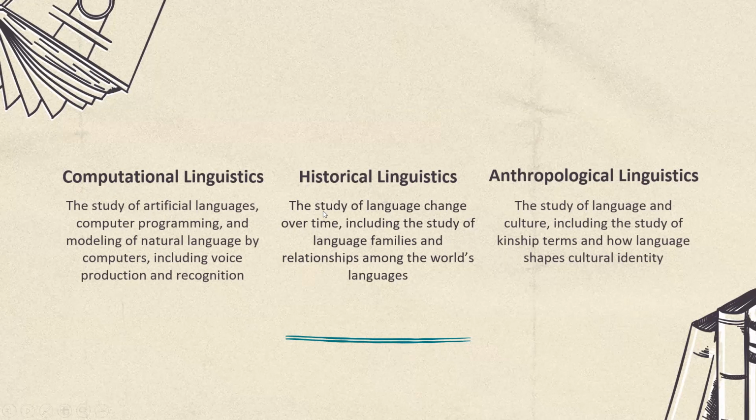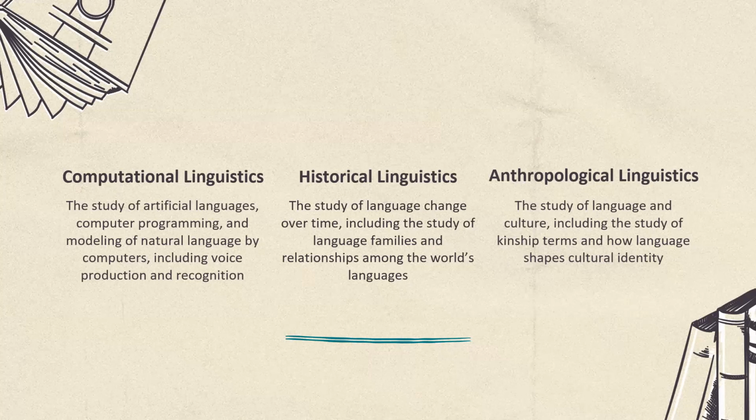Okay, historical linguistics. I have mentioned it: the study of language change over time, including the study of language families and relationships among the world's languages. Here we study the roots of language, right? I think we all know English, Italian and Spanish.